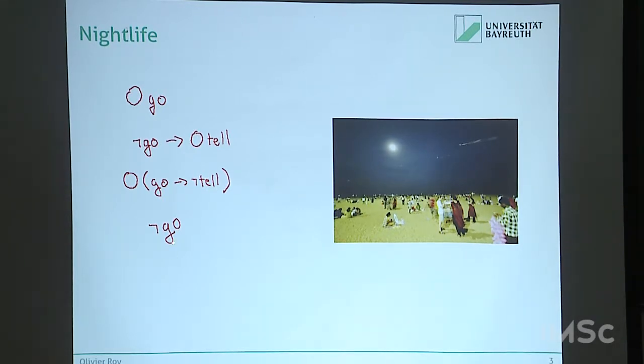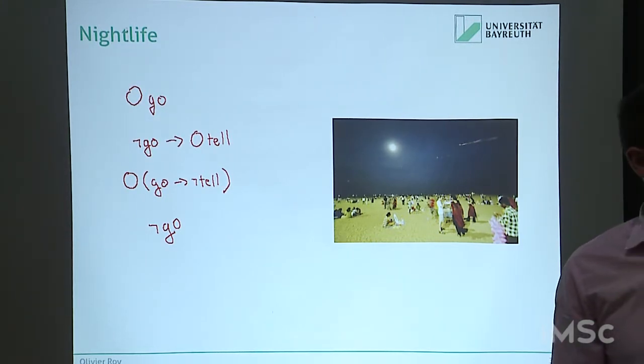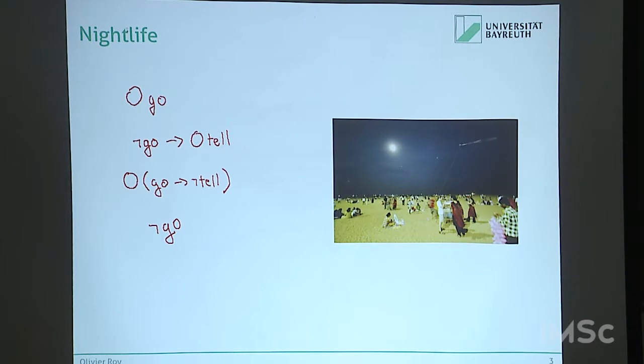But then you use modus ponens on this one to conclude that you ought to tell. But we've seen that in K, normative conflicts are excluded, so this is inconsistent in K. So I told you before, the intuition is that these things are independent, but also that they are consistent. It's perfectly possible to be in that situation. So if you want to model this situation in K, this is not what you should do.